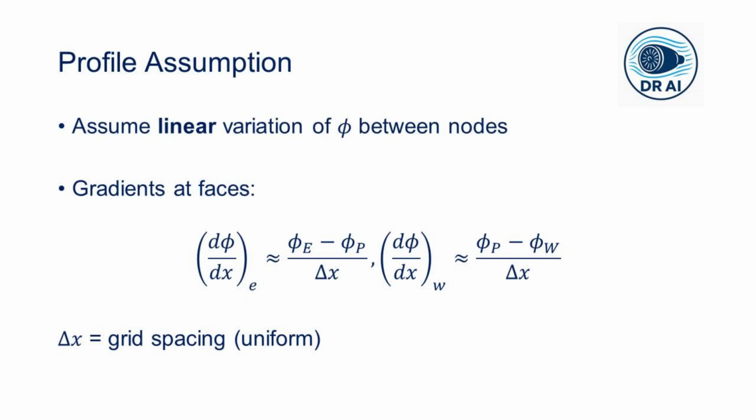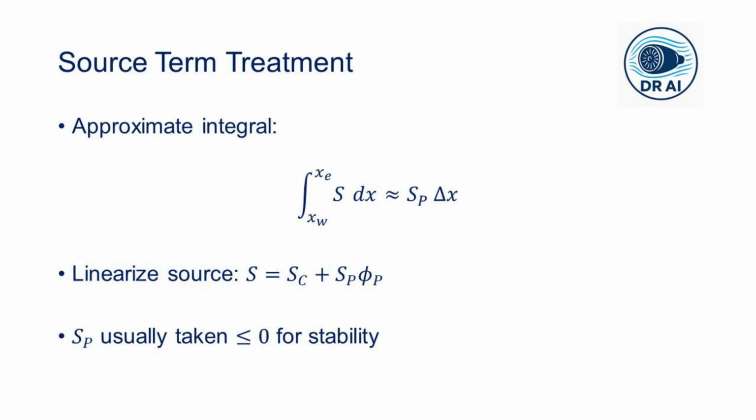And likewise, we can write the equation at W. So here delta x is the uniform grid spacing, and the diffusion coefficients at point E and point W are evaluated at the faces, often by harmonic averaging for variable properties. The source term is approximated by the midpoint rule. So we can write the integral of S with respect to dx as approximately equal to S P times delta x.